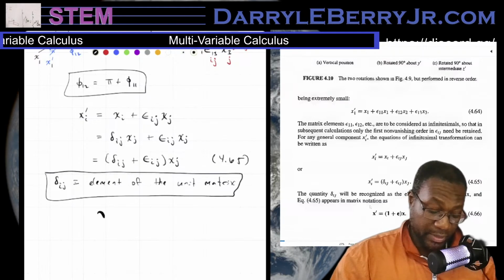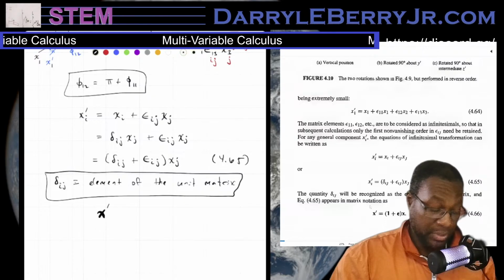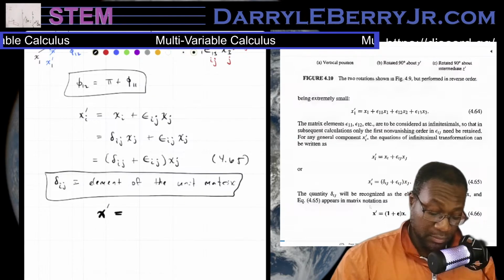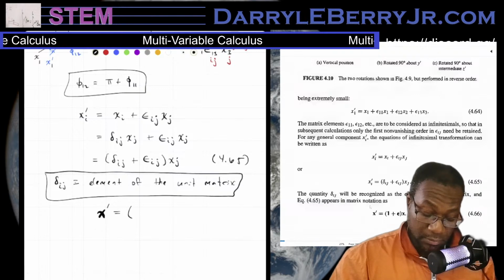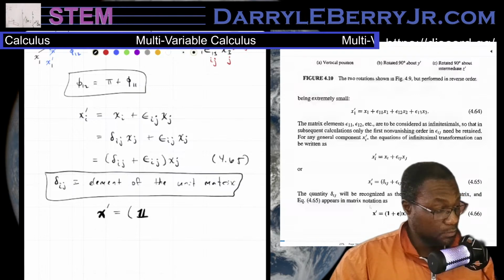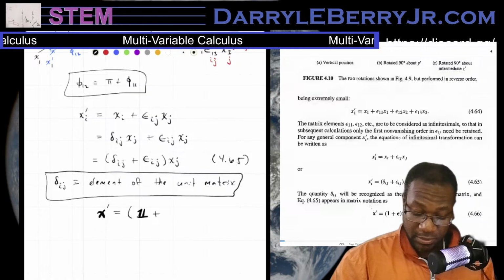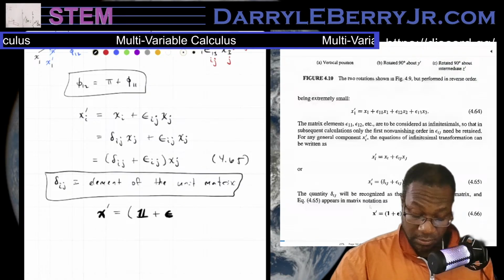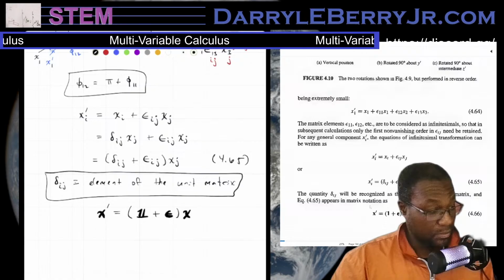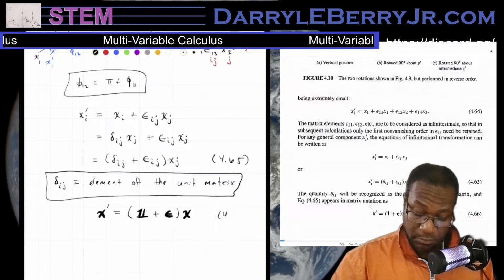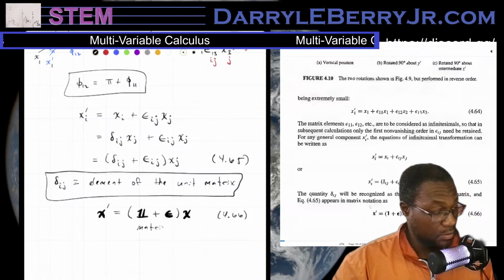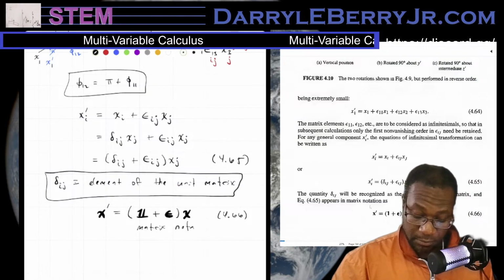We have x prime equals, it should be, the identity matrix plus e, x. And this is matrix notation.